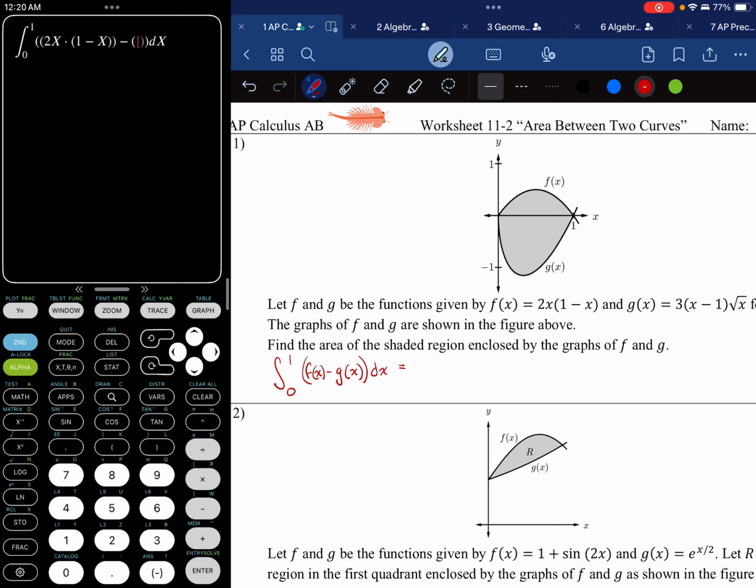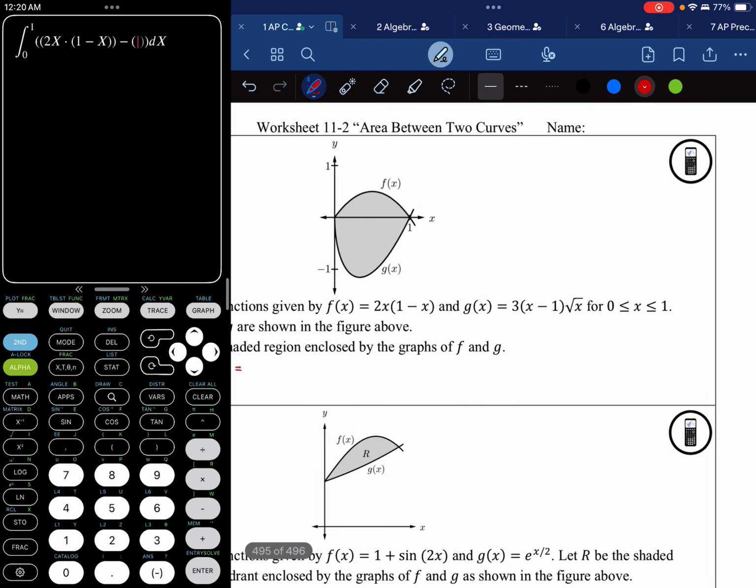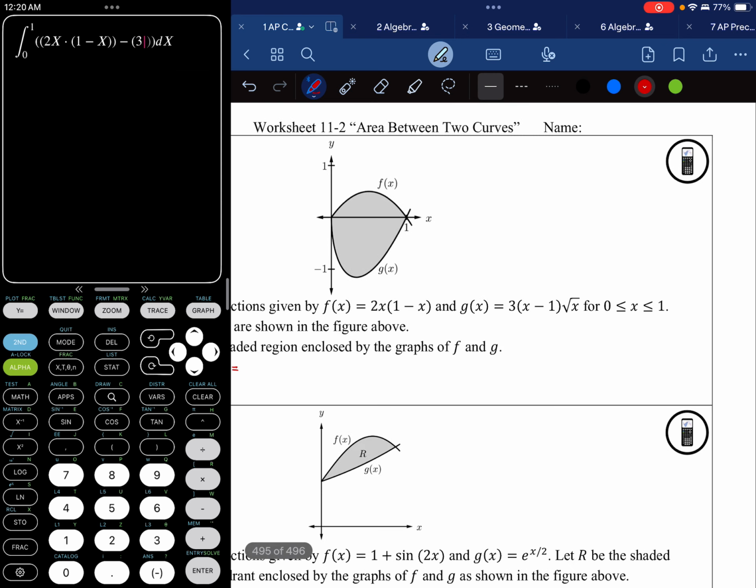So I'm going to start parentheses for the next function, and I'm going to say it's going to be 3 times, start parentheses, x minus 1, end parentheses, times, start my next parentheses. I don't really need parentheses there, it's just square root of x, so I'm going to hit delete here. It's just times the square root of x, which is x squared, square root of x.